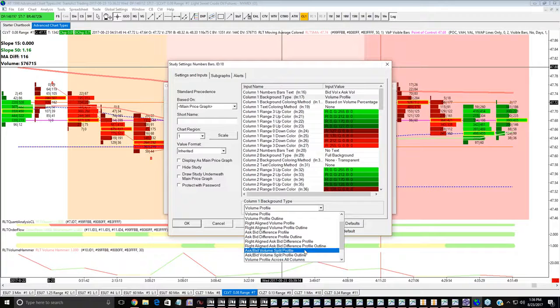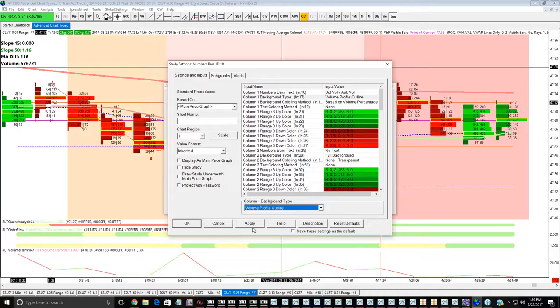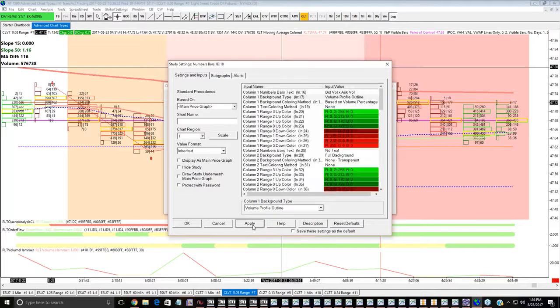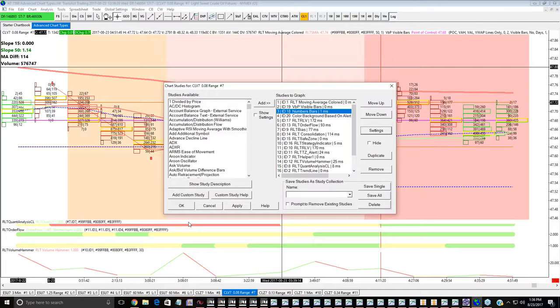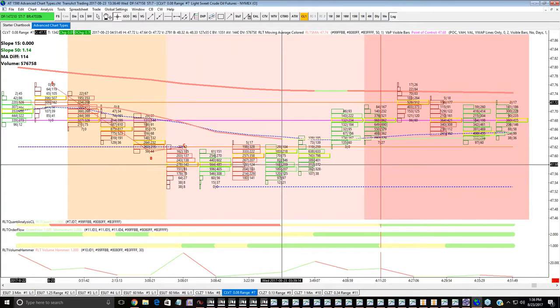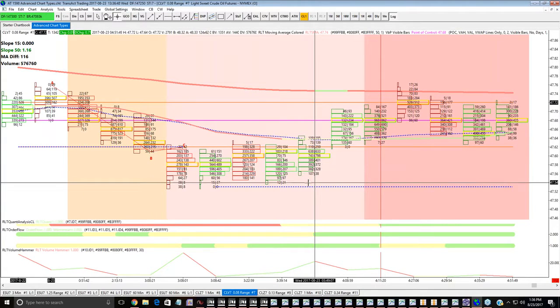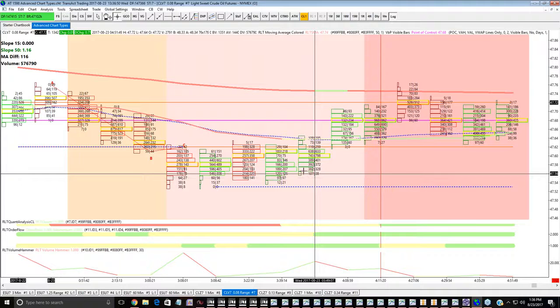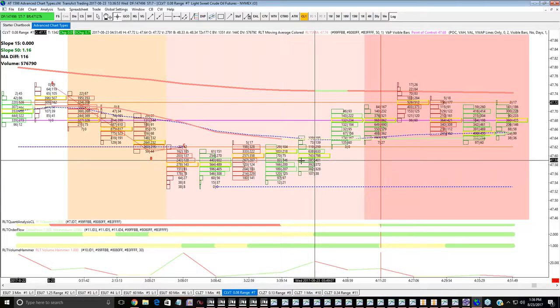There's one other one here that was really, really interesting that I was looking at. The problem with this is that, and this is something that I'm actually considering looking at, we can thicken the outline here.